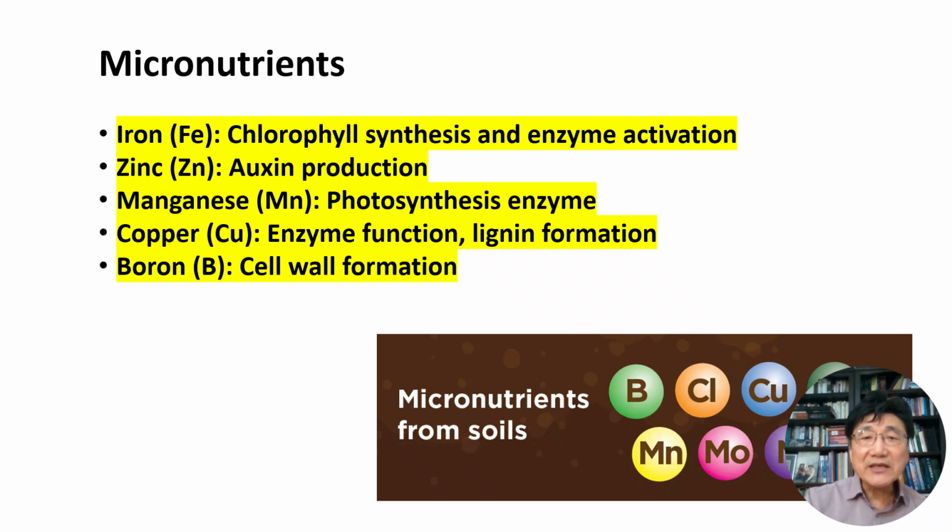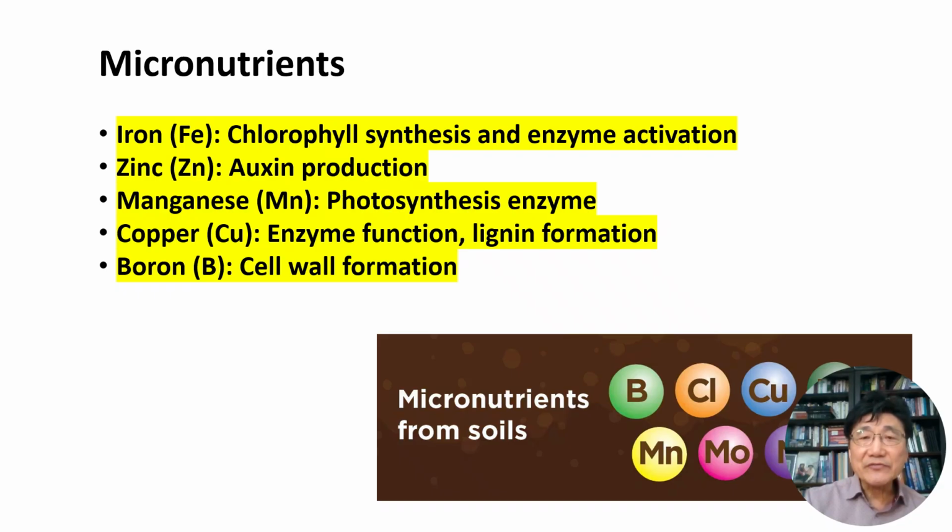Manganese is a key component of a photosynthetic enzyme. Copper is a key component of oxidation-reduction enzymes as a cofactor. Also, it's involved in the activation of polyphenol oxidase, which takes part in lignin formation.